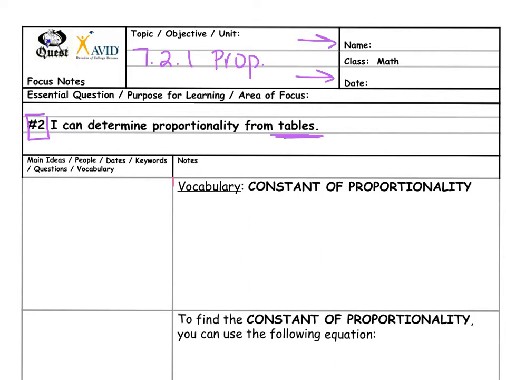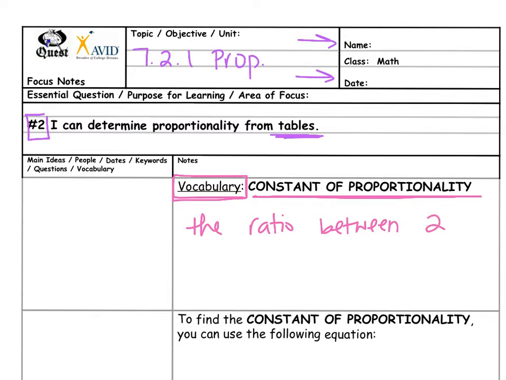And the first thing that we need to know is this vocabulary word. This is going to be a very, very important word that you see throughout this entire unit and in the future. It is the constant of proportionality. And all that is the ratio between two quantities.